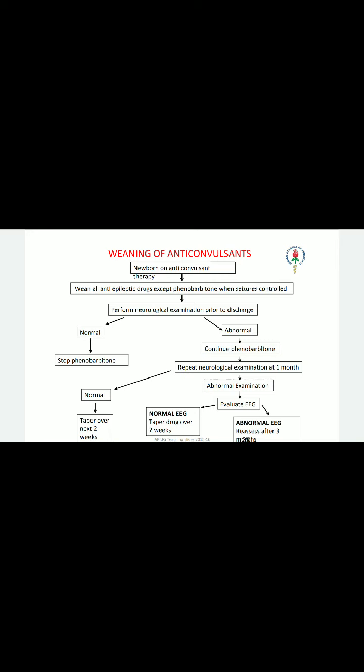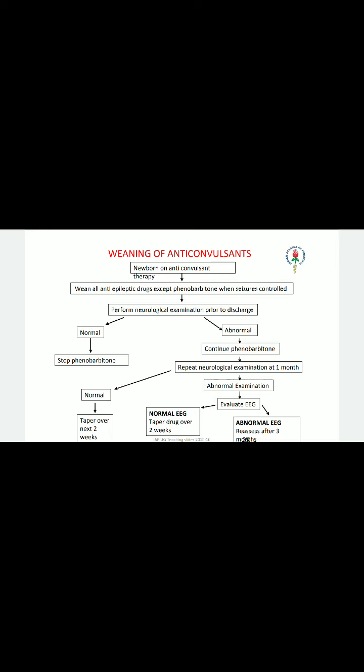You might have used phenytoin in addition to phenobarbital, or benzodiazepine, pyridoxine, lignocaine, whatever. But as a maintenance dose, only phenobarbital we continue. All other drugs are weaned off. You perform a neurological examination prior to discharge. If the neurological exam is normal, stop phenobarbital. If it is abnormal, then continue phenobarbital.